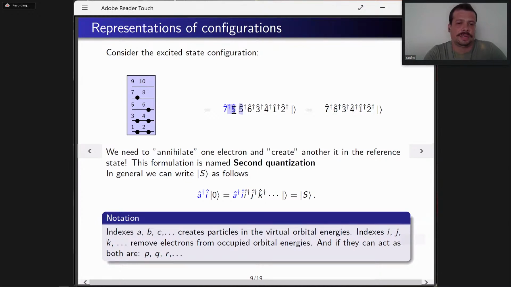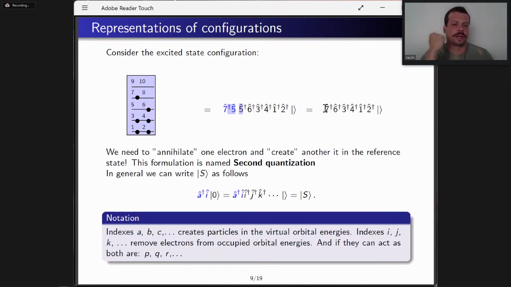That means it's an annihilation operator: this 5 without a dagger will annihilate the 5 with the dagger, and we are creating an electron in the 7th position, so we are using this 7 operator. After this simple operation, we obtain this exact excited state configuration in second quantization.